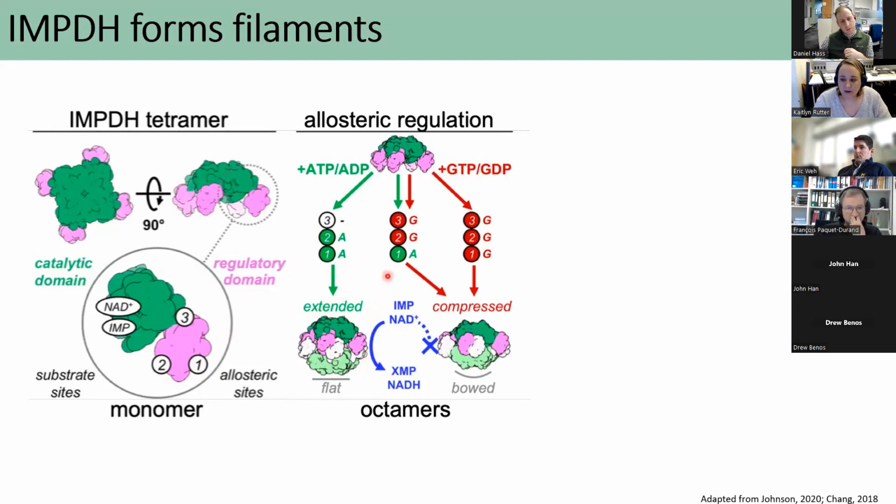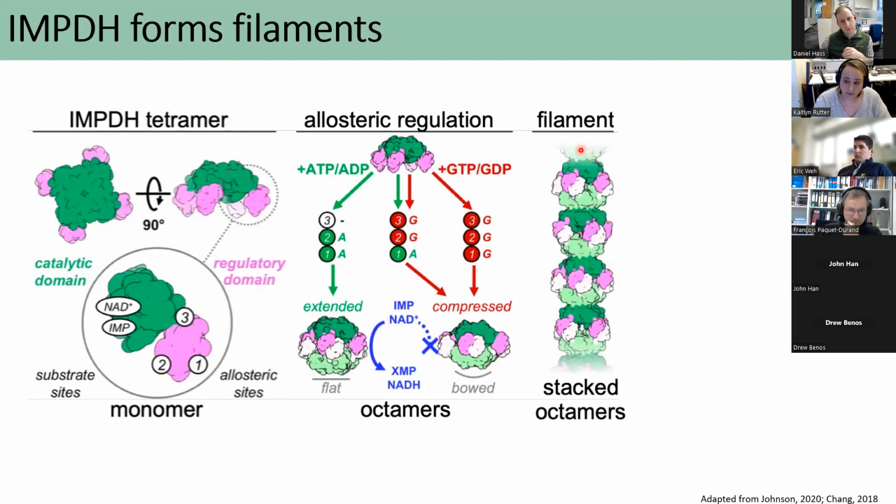Whereas if GTP is bound to two or three of these regulatory sites, the enzyme can compress and be inhibited. And these octamers here can actually stack on top of each other to form these long, beautiful filaments. And the filaments themselves are more active than these octamers. So it's again another way to regulate enzyme activity.